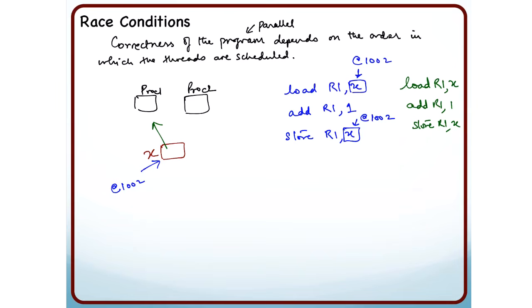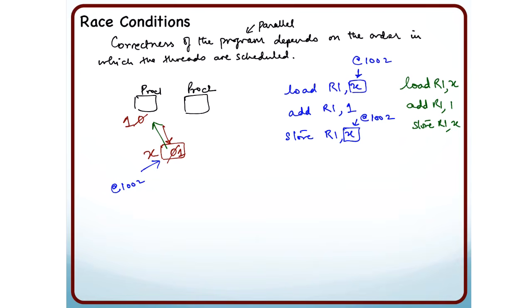Let's say that initially the value stored over here is 0. So processor 1 will fetch 0 into its register. And now let's say that it is executing add R1 1. This has nothing to do with the memory, right? It has just incremented the value of the local variable to 1. And then it stores R1 back to x. So it overwrites this 0 with 1.